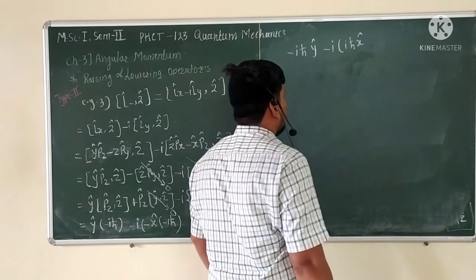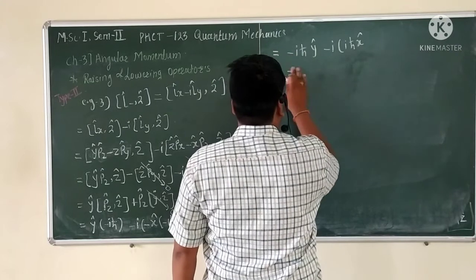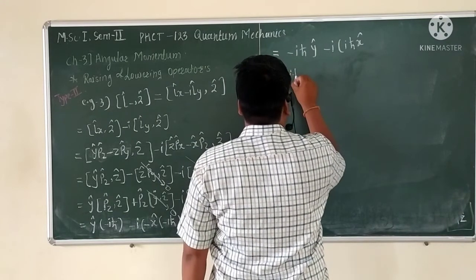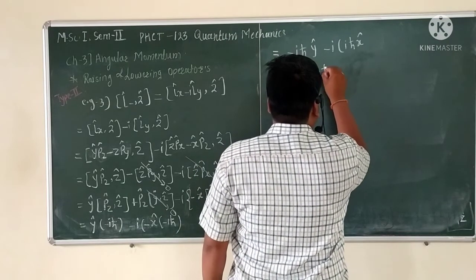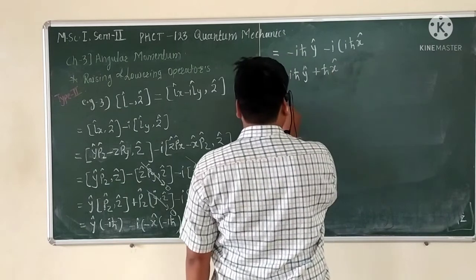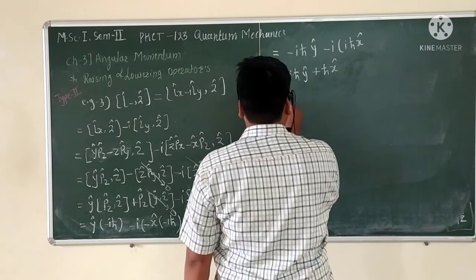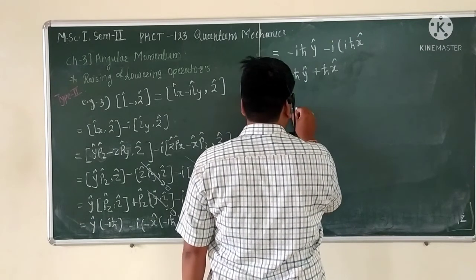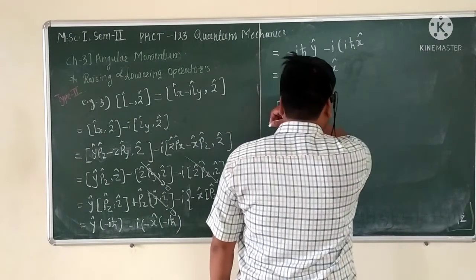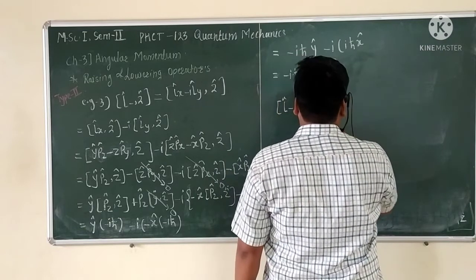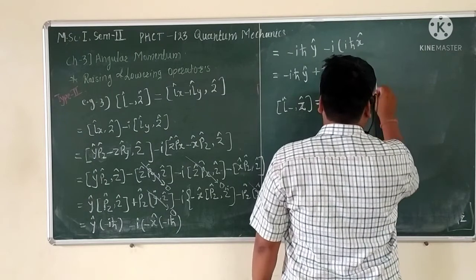Then we get minus i ħ (i cap) plus ħ (x cap), and if you take ħ outside, the result of this commutator bracket, that is [L minus, z cap], is nothing but ħ times the bracket (x cap minus i y cap).